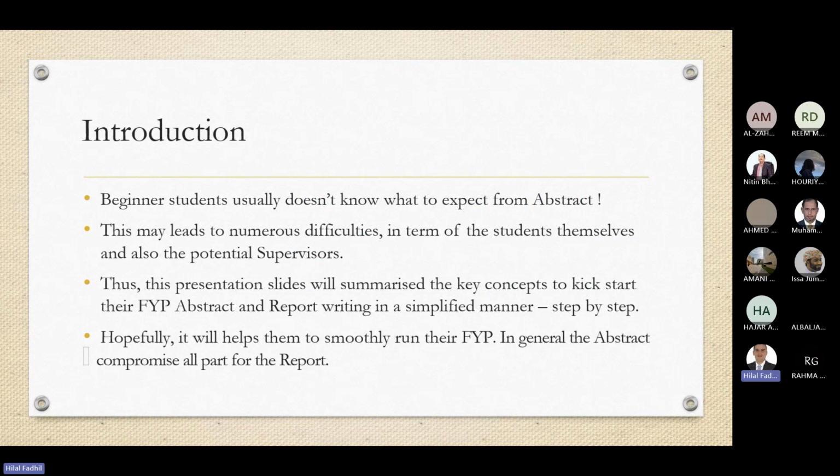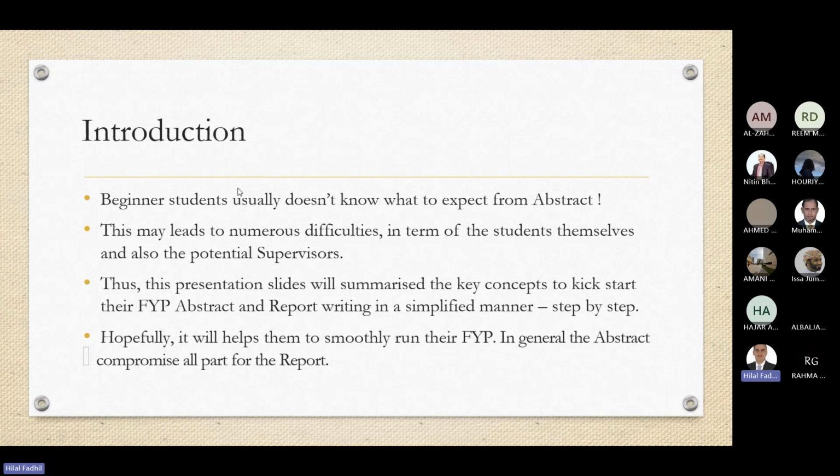I think you know the abstract is a very important part of the final year project, because the abstract will reflect the whole elements of the project, starting from chapter 1, chapter 2, chapter 3, and to chapter 5, which is the conclusion. So I believe all the chapters should be completed in order to write the abstract.